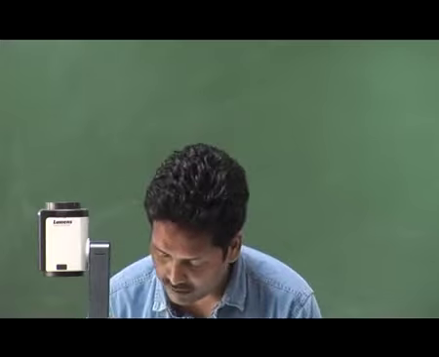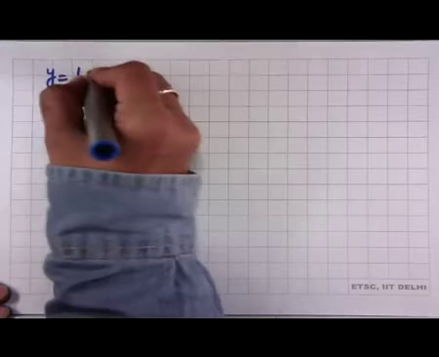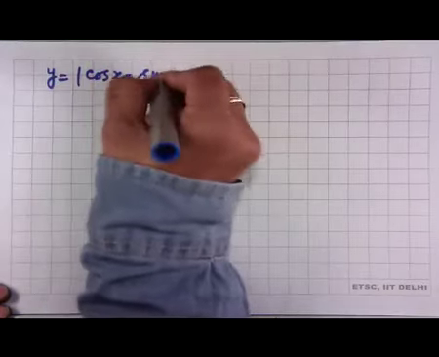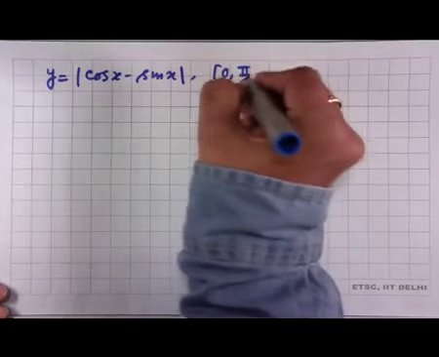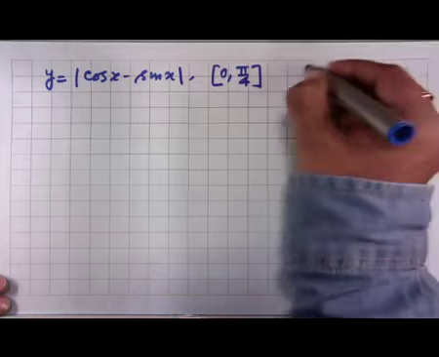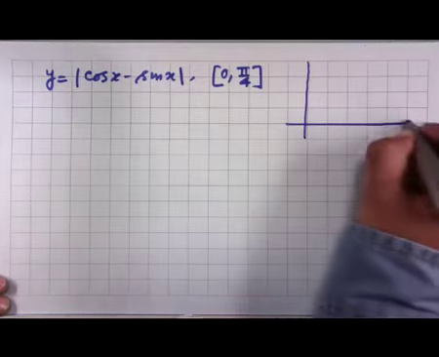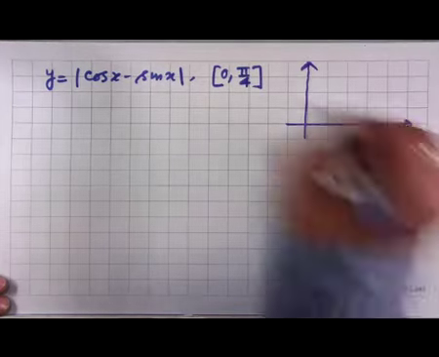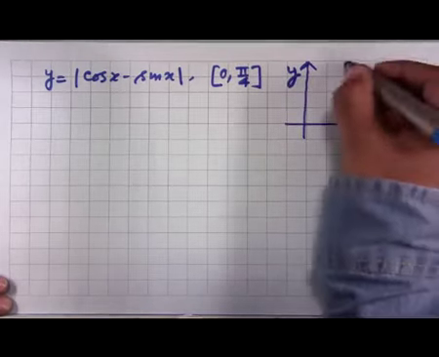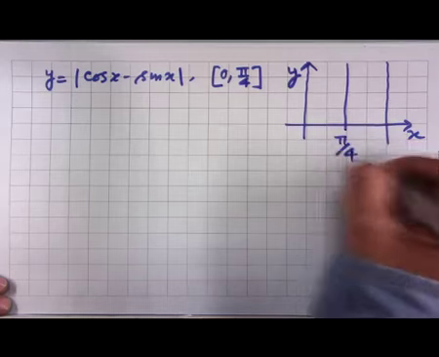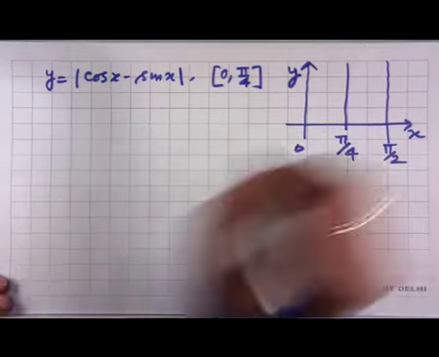Let us plot y equals to mod of cos x minus sin x on a separate Cartesian plane. So let us plot cos and sin again, because we need to refer to that. This is pi by 4, this is pi by 2, this is 0.